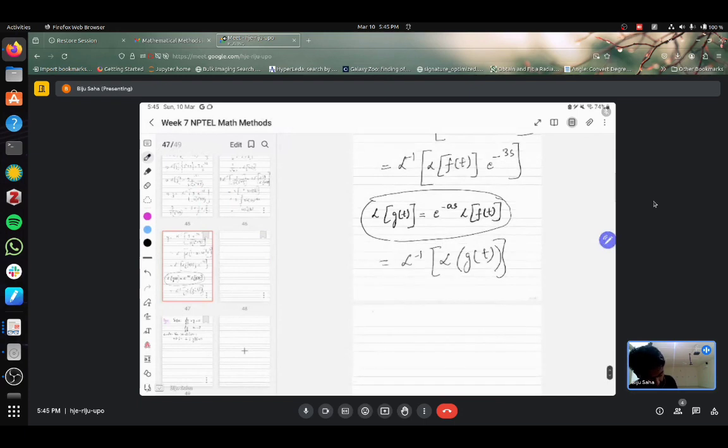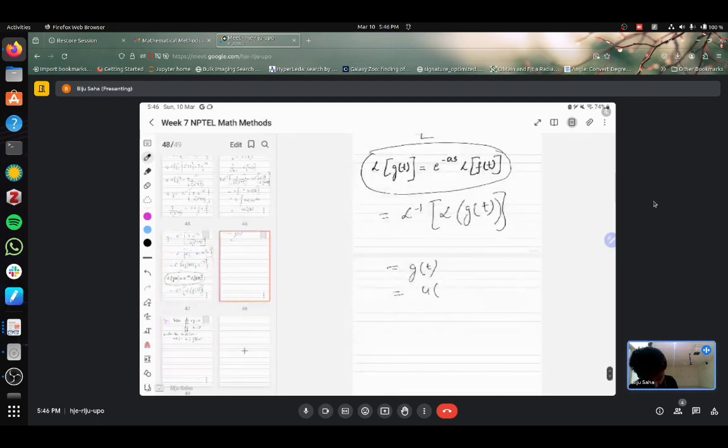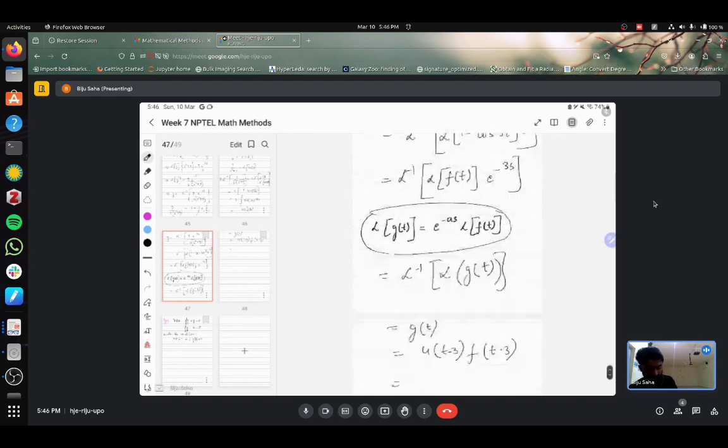So that is nothing but g(t) itself. And what was the definition of g(t)? It was u(t minus 3) and f(t minus 3). That is the shifted version. So your f(t) was 1 minus cos 3t.